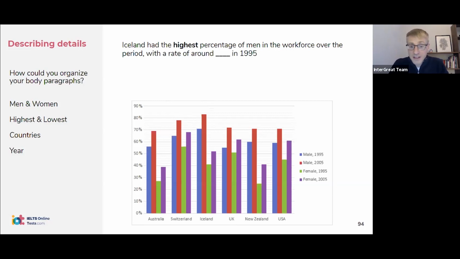Whenever we make a statement like this, we need to be specific. We need to give specific data to support that. So with a rate of around something in 1995, what's the missing word here?